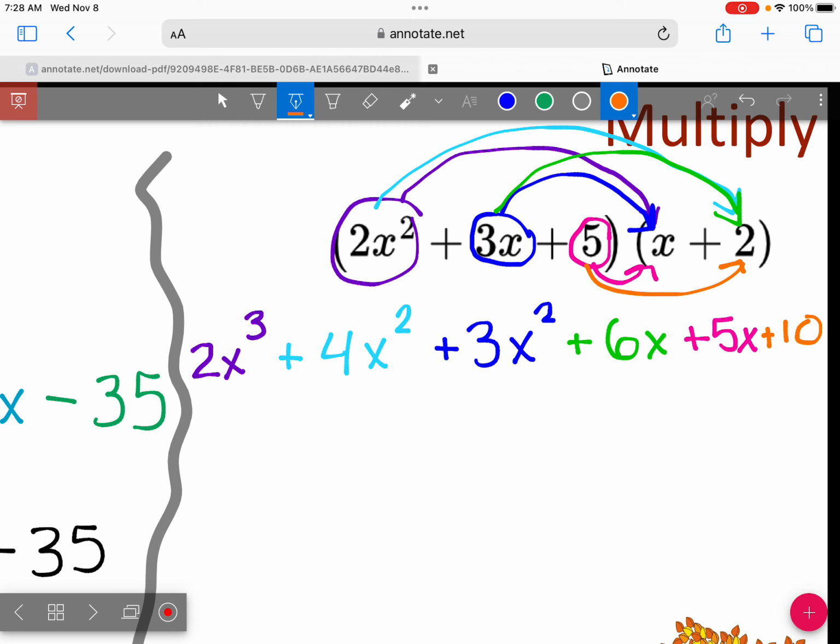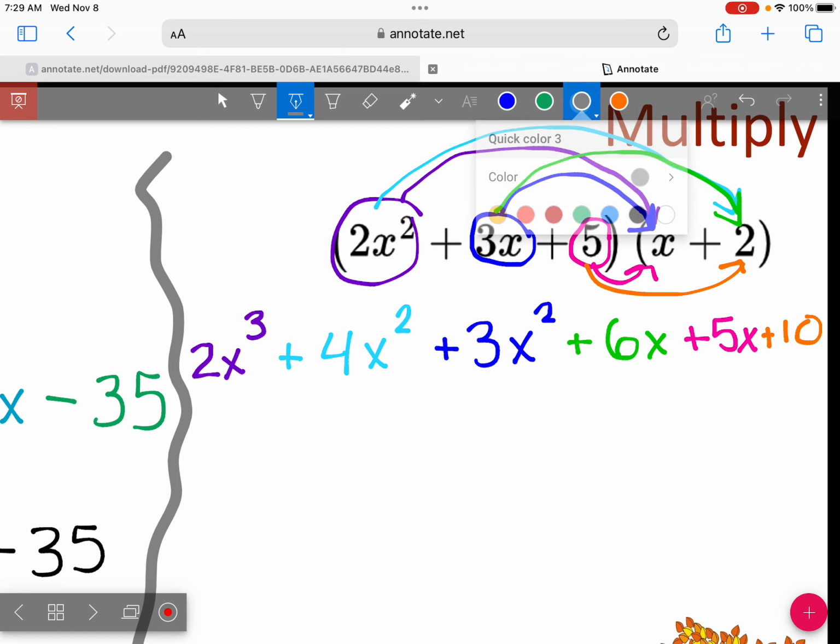Same vibe as the last time we boxed. But the box actually takes up a lot more space, and so this is more compact, and it's honestly, I think, faster. Because now everything's already out. These are all the terms that you would have had in the box. We would have had to pull them out and then combine our like terms.